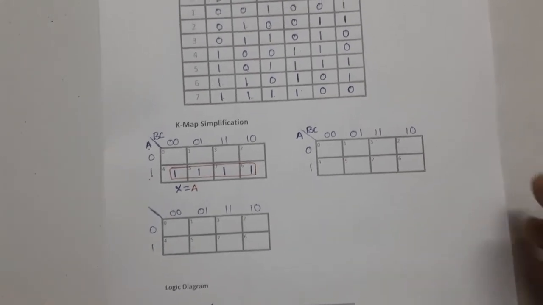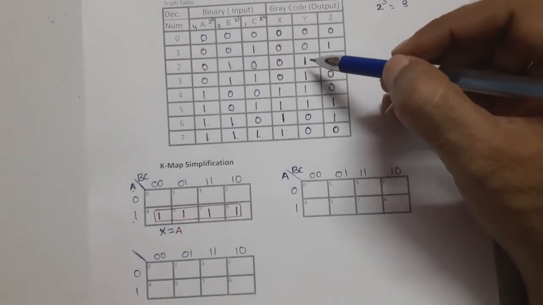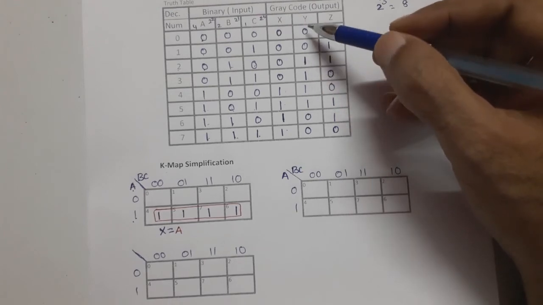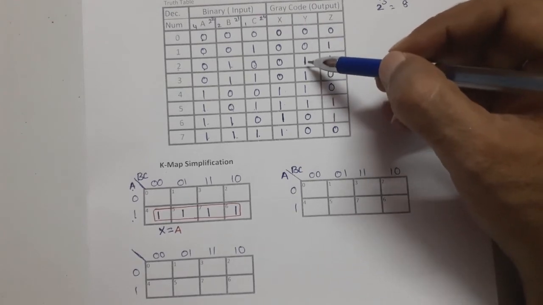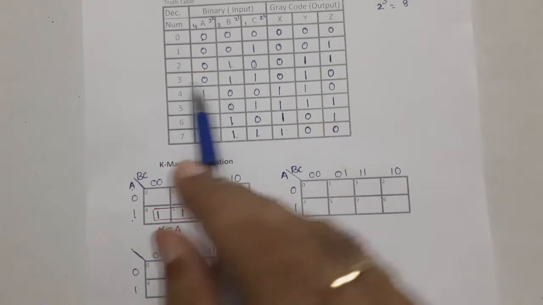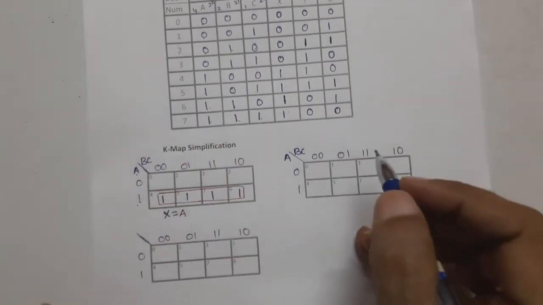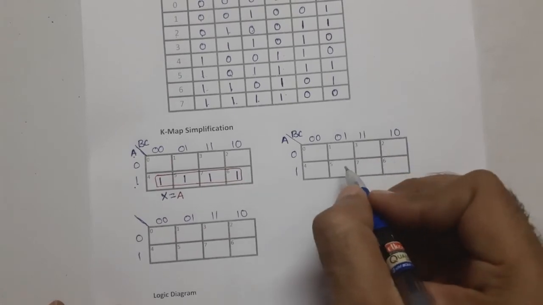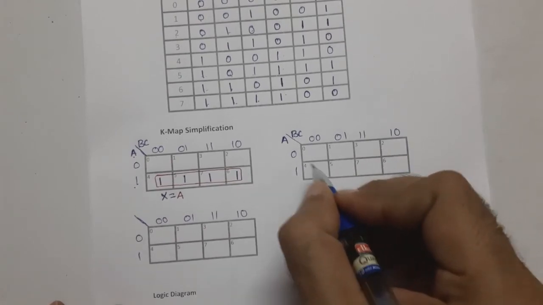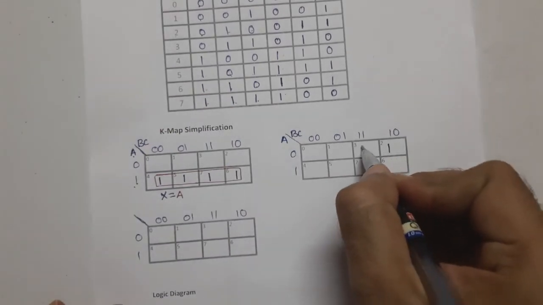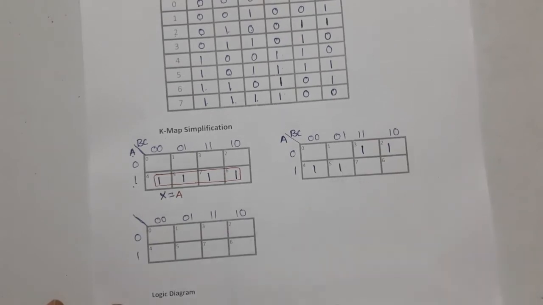To fill this table again, observe the positions of ones in this truth table. Now the positions of ones are 2, 3, 4 and 5. Mark the ones in the respective blocks, 2, 3, 4, 5.